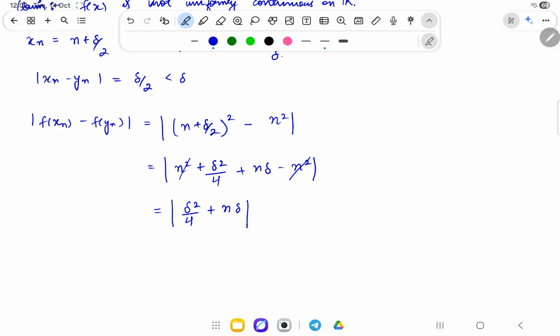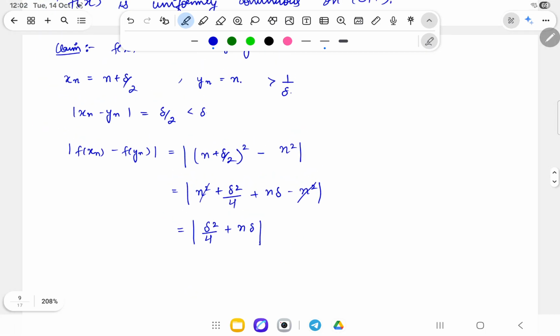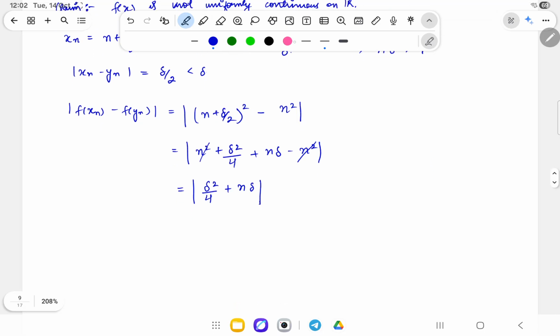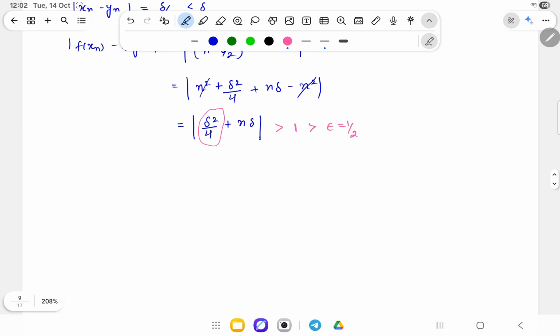Now we choose our n such that it is greater than 1 by delta, so I'll get n delta greater than 1. And since n delta is greater than 1 and delta square by 4 is also positive, this quantity is greater than 1, and I can choose my epsilon as 1 by 2. So this quantity is greater than 1, and 1 is greater than epsilon, which I chose as 1 by 2.